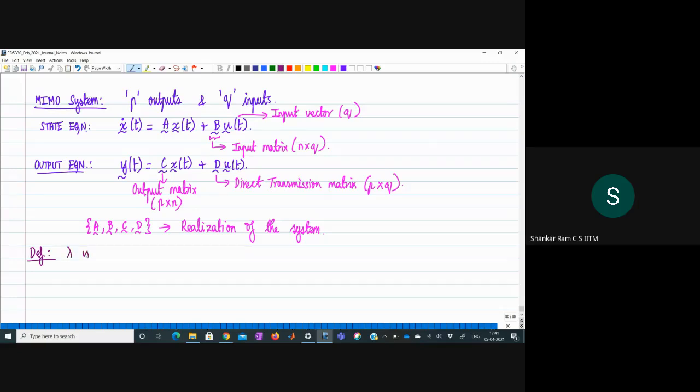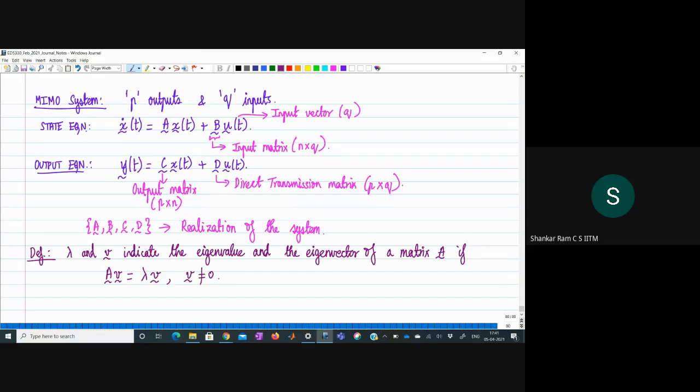So lambda and V indicate the eigenvalue and the eigenvector of matrix A. Okay, we multiply the vector V with the matrix A, that should give us lambda times V. Of course, V is non-trivial, okay, so that is very, very important, so the vector V cannot be 0, right, so then there is nothing for us to solve, right, so essentially we have AV equal to lambda V. Okay, so then lambda is called an eigenvalue of the matrix A, and V is the corresponding eigenvector.